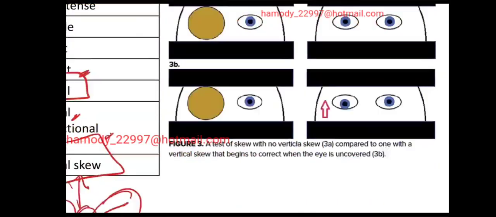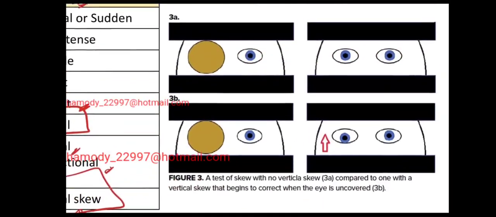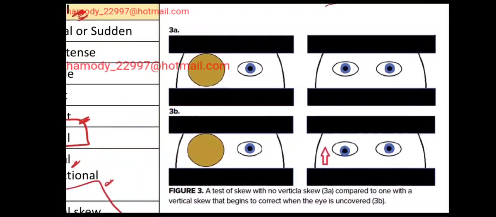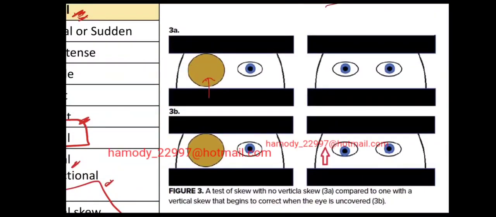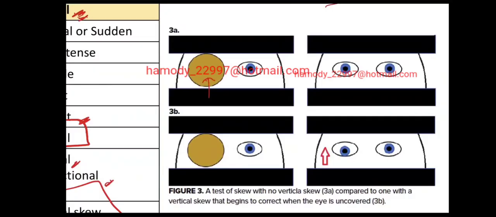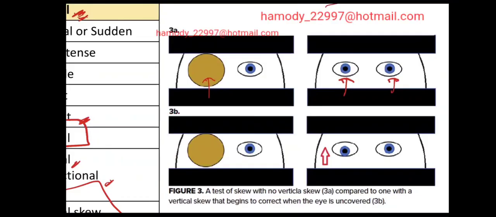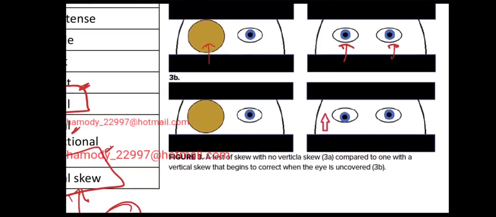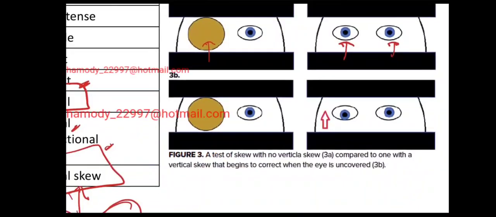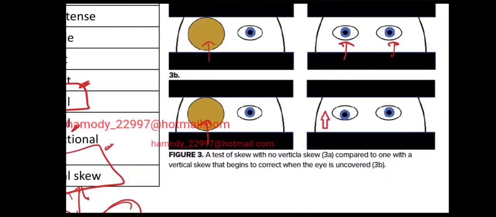You ask the patient to look forward and fix his gaze, and close one of the eyes. Then suddenly you uncover. When you uncover, both the pupils will be at the same alignment. But if the skew test is positive, that is vertical skew is present, you ask him to look forward and fix his gaze and you cover one eye.